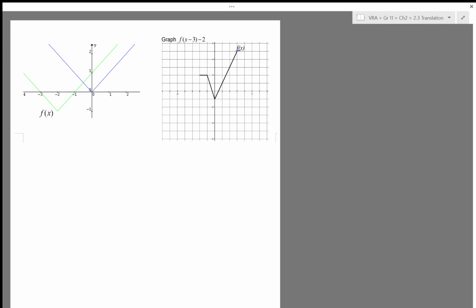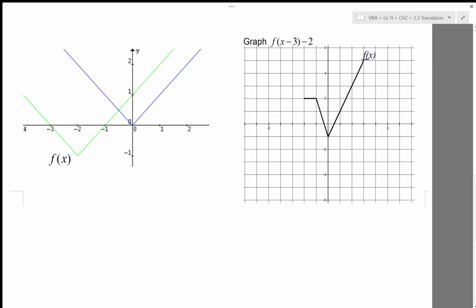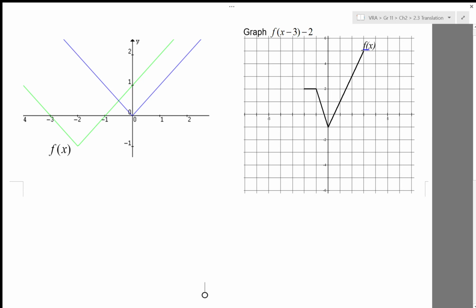Now, last page and the last two questions, same thing. If you take a look at it, the first one has 0, 0 as the vertex, and then it moved to this one. So it moved down by 1 unit, and then moved to the left by 2 units.